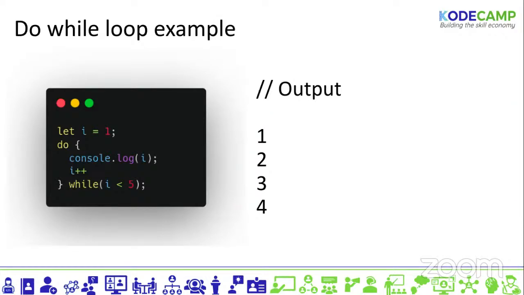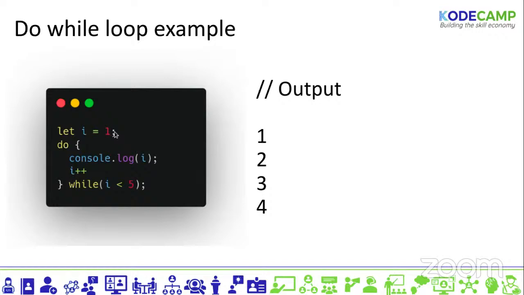So when I is equals to 1, print I, increase I by 1. If we increase I by 1, this will become 2. We check, is 2 less than 5? Yes, 2 is less than 5. We print 2, we increase 2 by 1, 2 becomes 3. We check if 3 is less than 5. That's true.